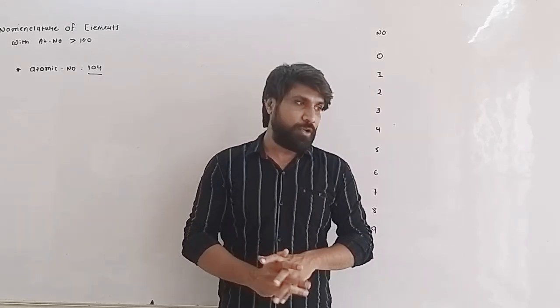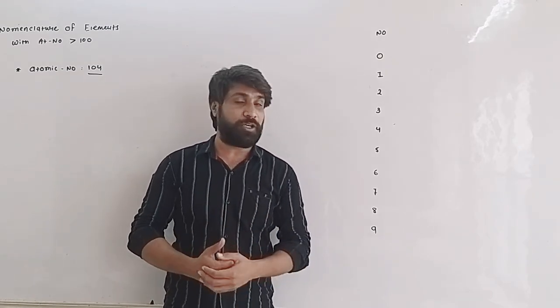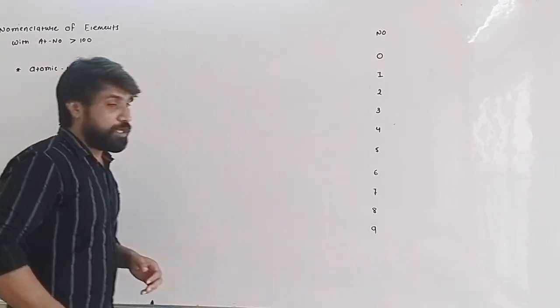So what is a temporary name? The method of giving the temporary name is what we have to learn. But remember one thing, that name is given for elements with atomic number more than 100.